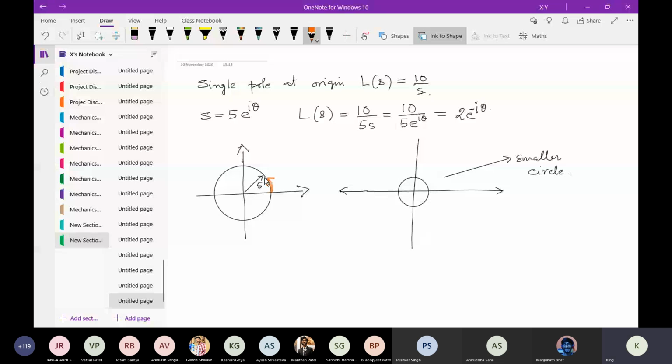If I move this way, I'll be moving this way. So the direction reverses.